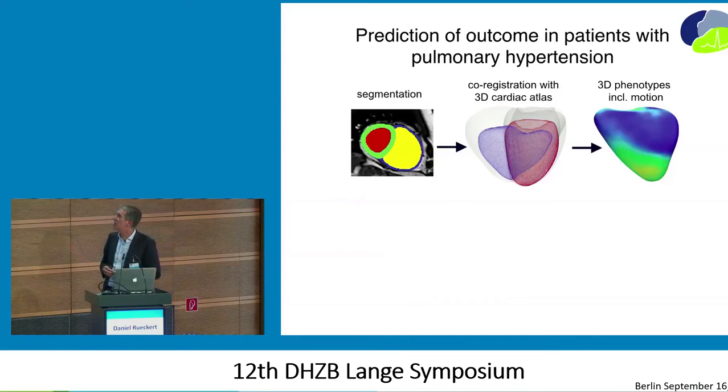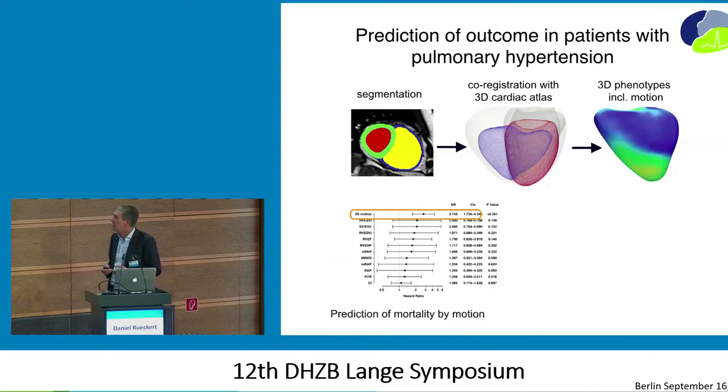And here's the final example I want to show you, where we're trying to go towards outcome prediction, in this particular case in patients with pulmonary hypertension. We have effectively the same pipeline. And now if we, for example, look at the 3D motion pattern, I'm afraid it's probably too small to read, but the 3D motion patterns offer you by far the best prediction of mortality compared to all the other more traditional summary measurements you might compute for your cardiovascular system, such as ejection fraction, volumes, and so on.